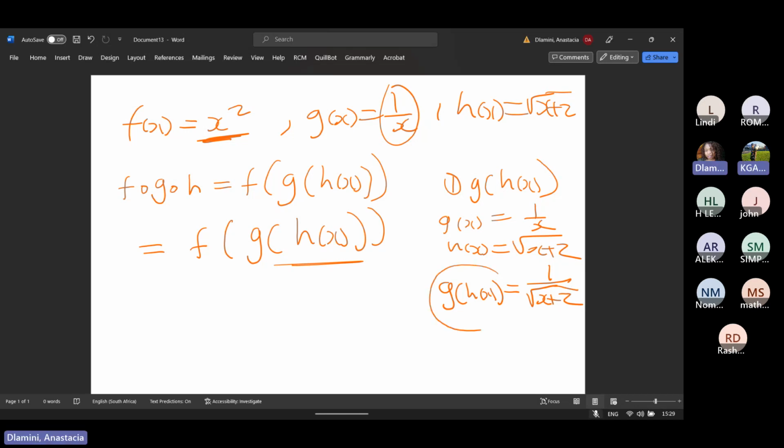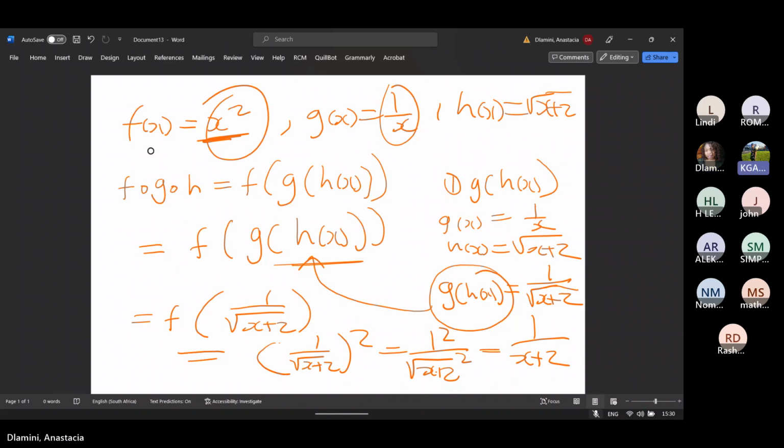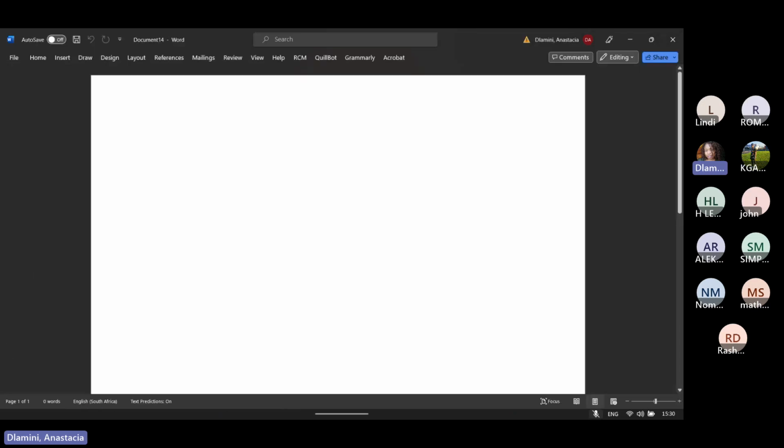Then we take this g of h of x and put it inside f of x. So this is f of 1 over square root of x plus 2. This would then be equal to, we know our f is that, so we put 1 over square root of x plus 2, squared. This is equal to 1 squared over square root of x plus 2 squared. This is 1 over x plus 2. Sorted. Yes, I'm sorted. Thank you. It means we are sorted with one of the problems.